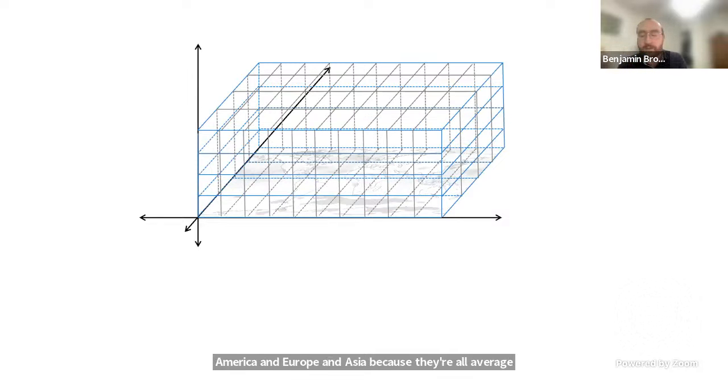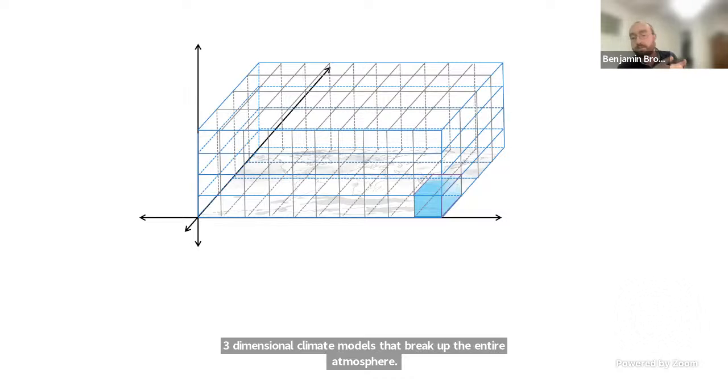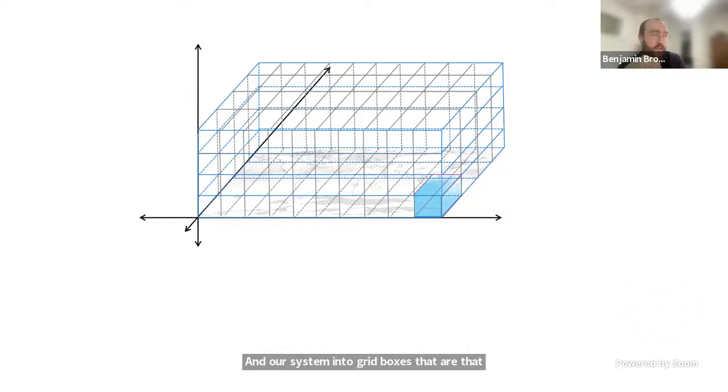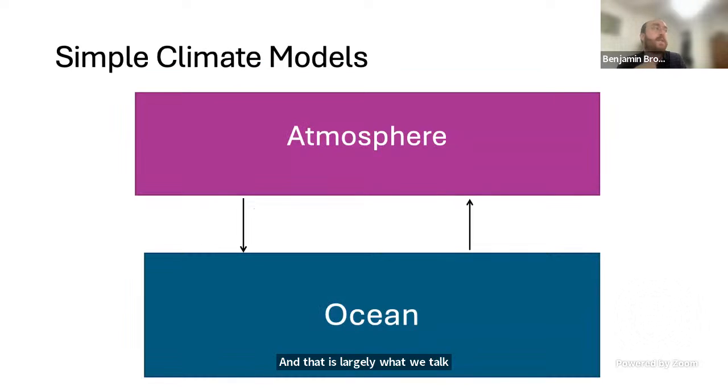So the models that we all use primarily today are these three-dimensional climate models that break up the entire atmosphere and air system into grid boxes that are north, south, east, west, and height dimensions. And that is largely what we talk about when we talk about climate models these days.